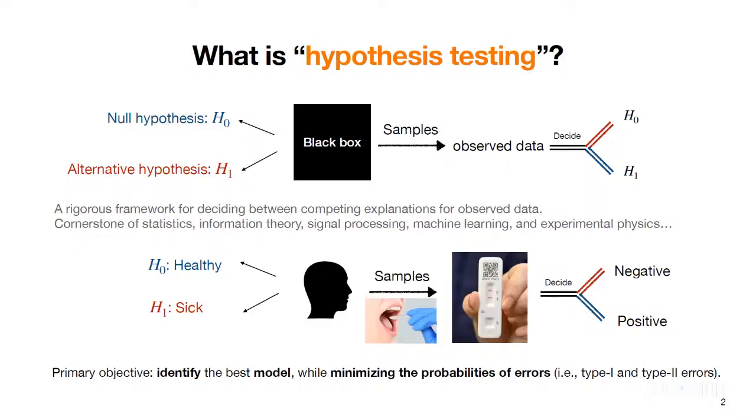Sometimes we call this a type 1 error. On the other hand, if the person is sick but the test shows a negative result, meaning the person is healthy, you also make a mistake. So in this scenario, you have type 1 and type 2 errors. The objective is that we need to identify the best model, but we need to minimize the error probabilities. So this is hypothesis testing.